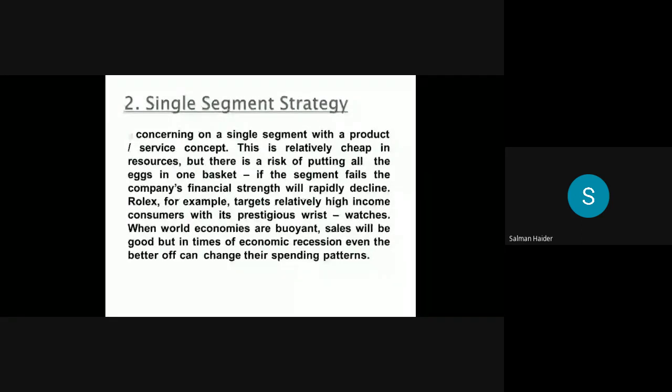Means whether they would be concerned with the demographic segment, the geographical segment, maybe they are into a sub segment, that is the niche market, or they are into any other psychographic or behavioral segmentation, or any particular income group को हम target कर रहे हैं, or supposedly preparing products for the rural markets or preparing product for the elite people और luxury items कैसे prepare कर रहे हैं, तो उन सारी चीजों को देखने की जरूरत है. That is single segment.